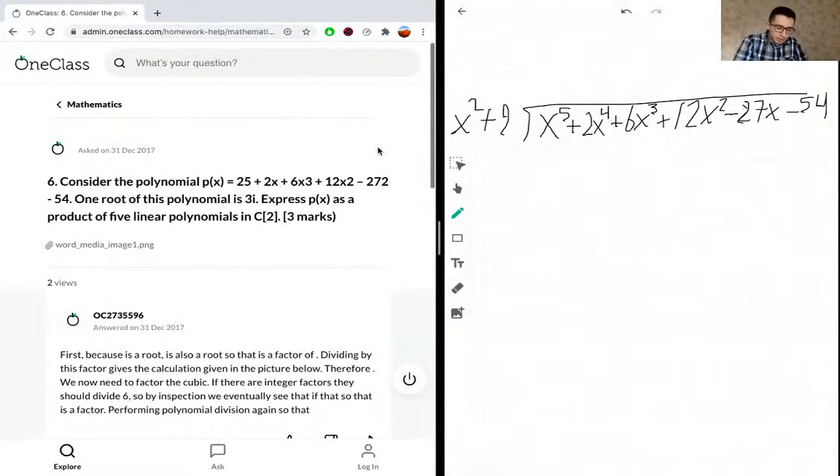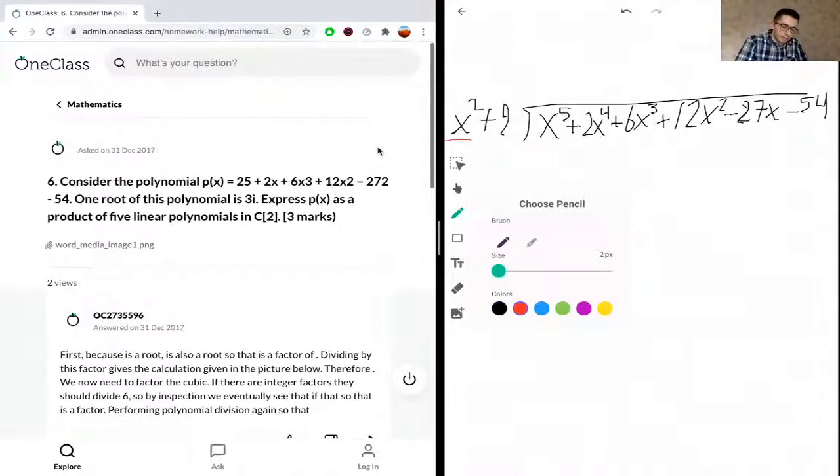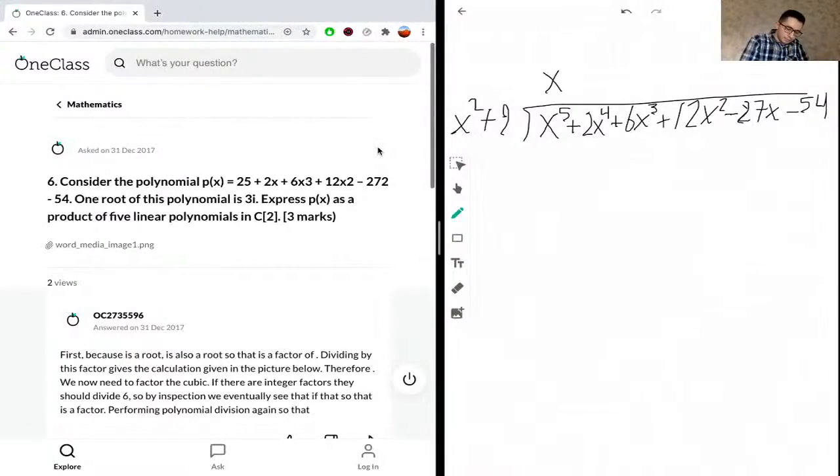To complete long division, we have to think about what we can multiply x squared, so this value, by to get x to the power of 5. So we can multiply this by x to the power 3. So we can write x to the power 3 above. Since we multiply x squared by x to the power of 3, we get x to the power of 5, and we also multiply x to the power of 3 by 9. And that is what we get.